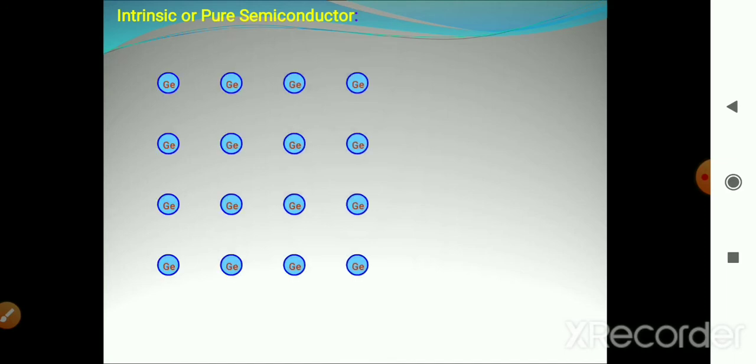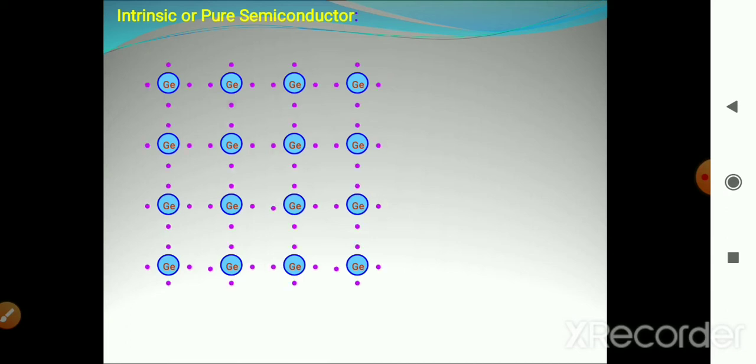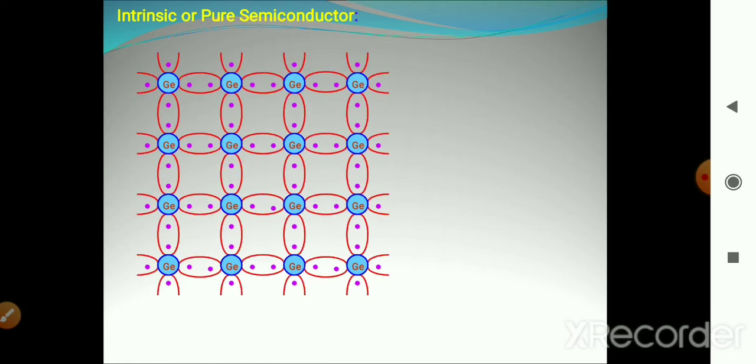Now, to understand it, let's take an example of a pure semiconductor crystal, also called an intrinsic semiconductor. Here is an example of a germanium crystal. Its 4 valence electrons are shared with the 4 neighboring atoms to complete the octet.